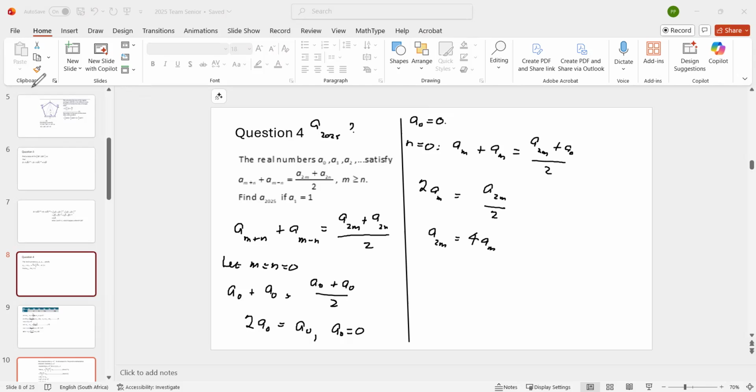So let's have a look at what you've got here. I'm going to keep that master equation. This part here was used to calculate a_0, which we have done. And now I want to use this one to make some calculations.